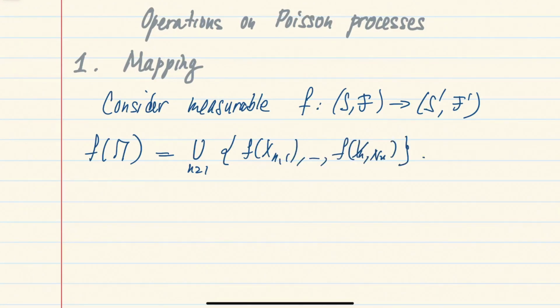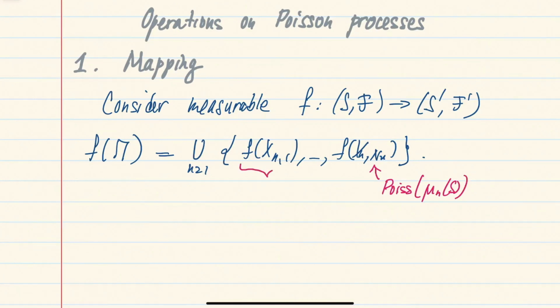Now, if you look at this union, of course, it looks exactly like the definition of a Poisson process. So here we have some Poisson N with some given mean, mu_n of S, right? And these x's are still IID after this mapping.